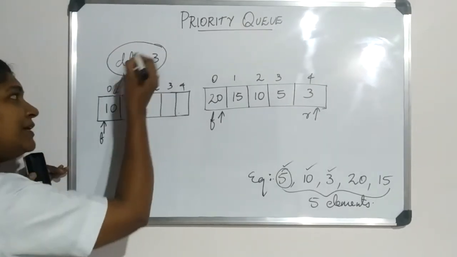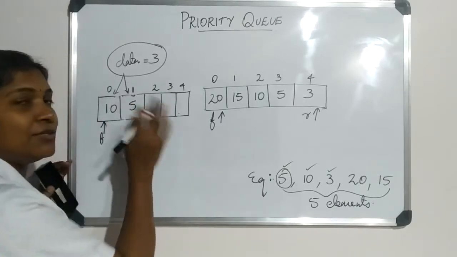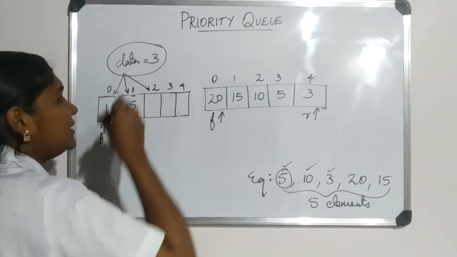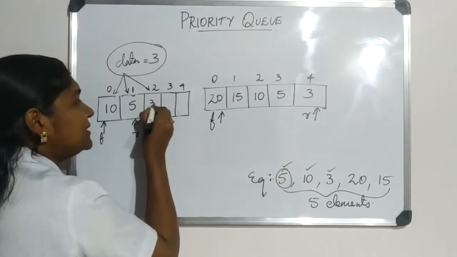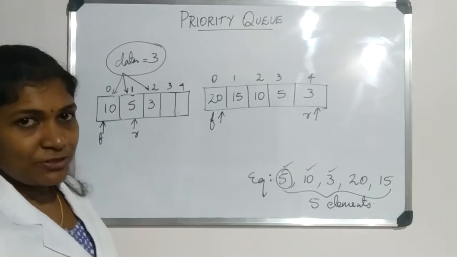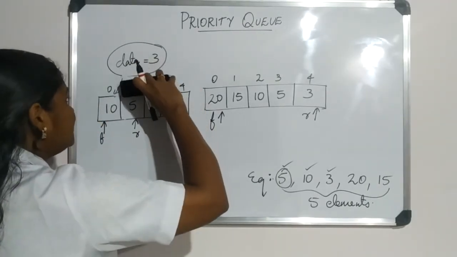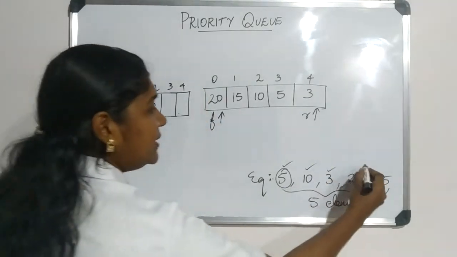I'll be checking whether 3 is greater than 5. No. Then there is no need of shifting. Then I will point to the next location and I will place the element 3 in its correct position. Clear? Then next element, which is our next element is 20.